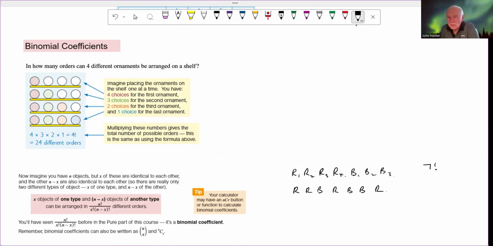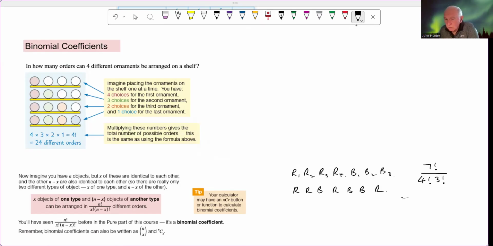How many different arrangements are there of the red balls? There are 4 factorial, so we need to factor that out. We need to do that for the blues as well, and being 3 of them, there will be 3 factorial. So the total number of arrangements is 7 factorial divided by 4 factorial times 3 factorial.